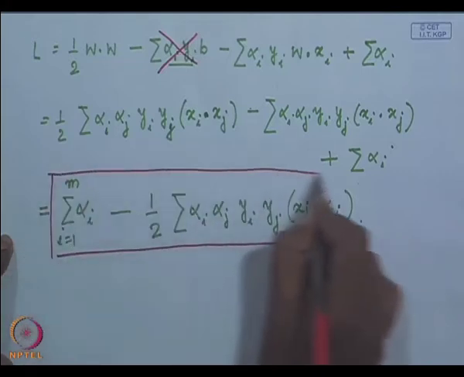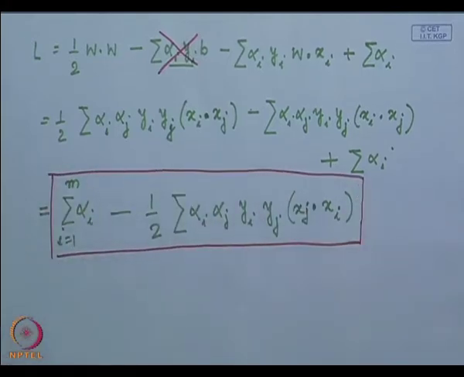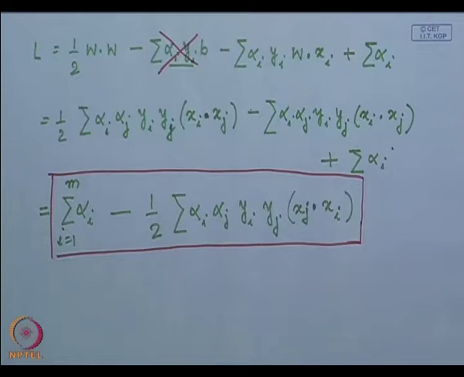So, for designing, what I have to do is maximize this Lagrangian with different values of alpha, which are my Lagrangian multipliers. And Lagrangian multipliers are always positive.